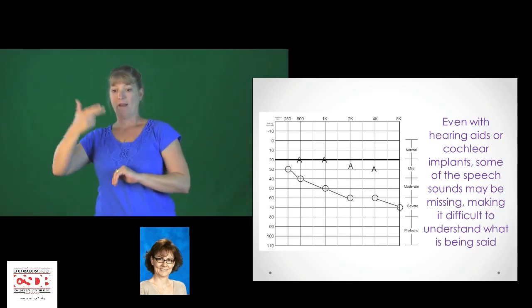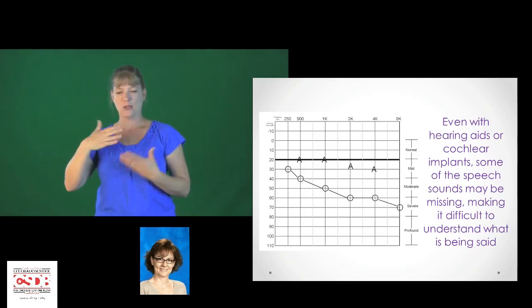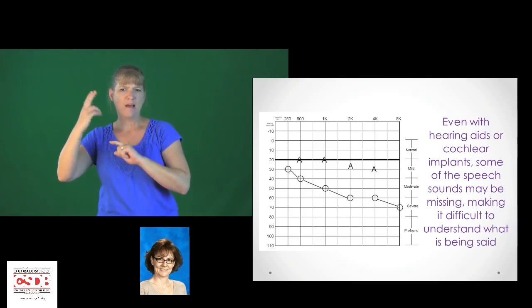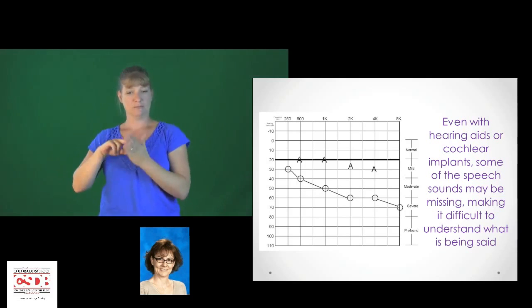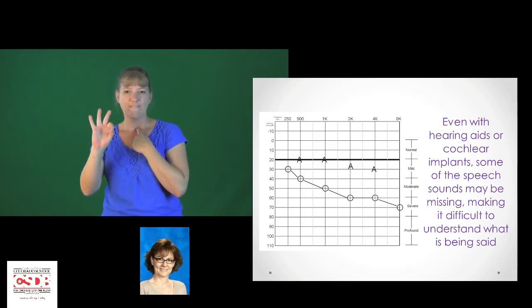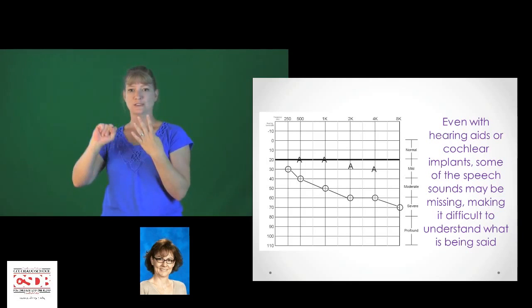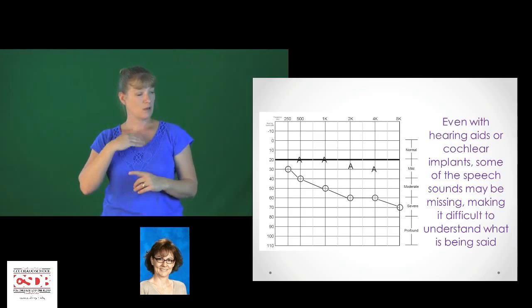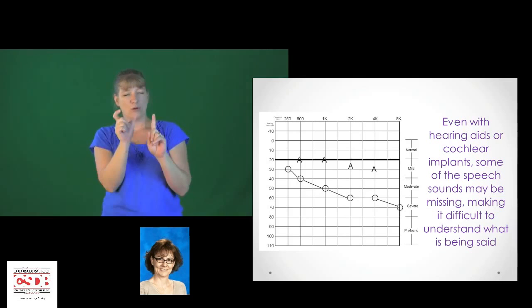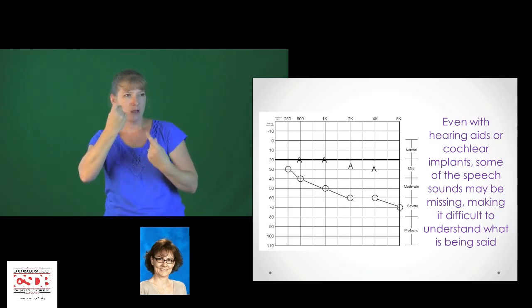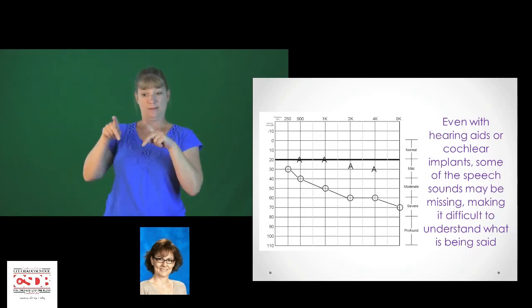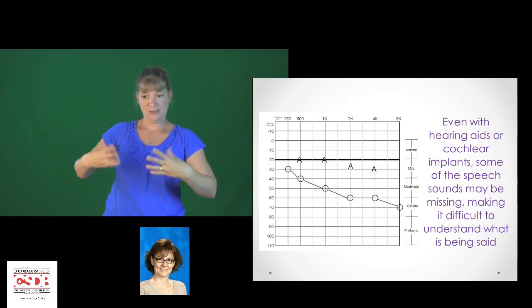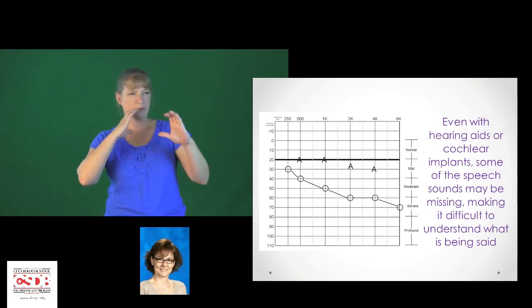So this individual might miss some of the high-pitched speech sounds, such as the S and the F, the SH, or the TH. And so they'll hear the words being spoken, but it may not be clear and understandable. So this individual might need some additional assistance when trying to communicate using spoken language.